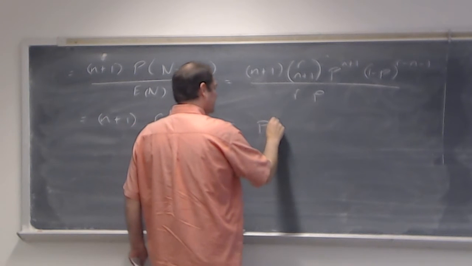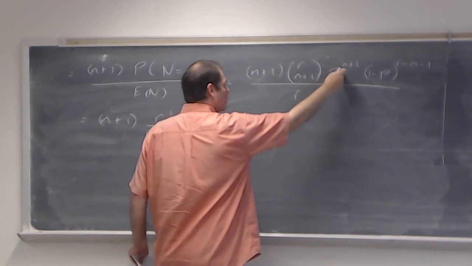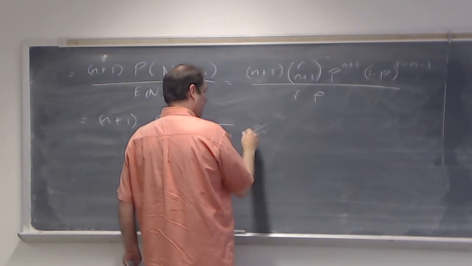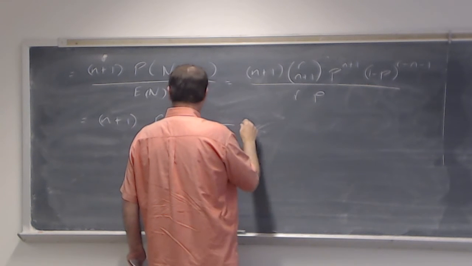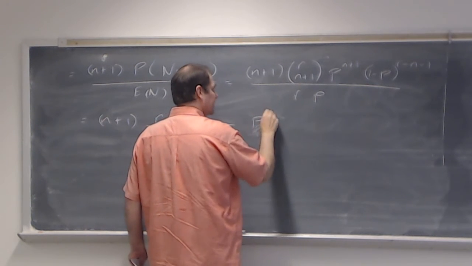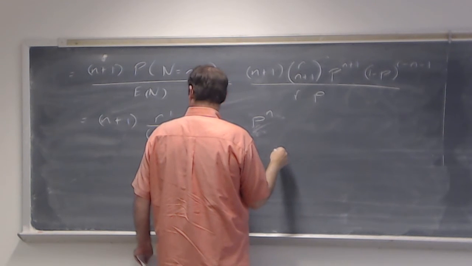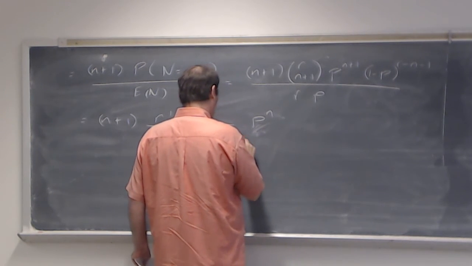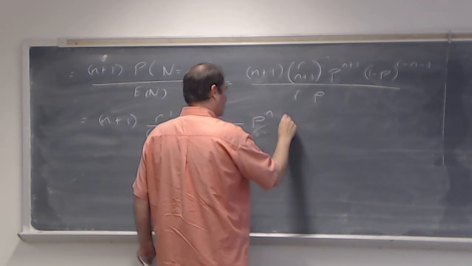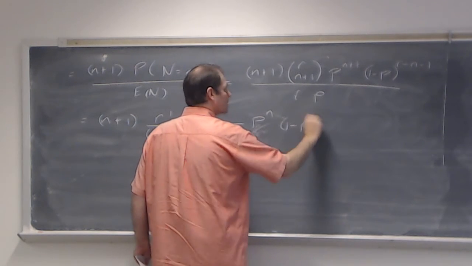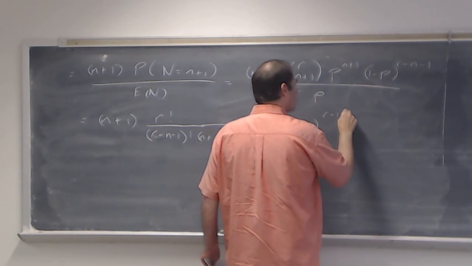Here it's P to the n plus 1. Well, one of the P's in the top cancels with the P in the bottom, so we're just left with P to the n on top. We have an R sitting here, and then we have 1 minus P raised to the R minus 1 minus n.